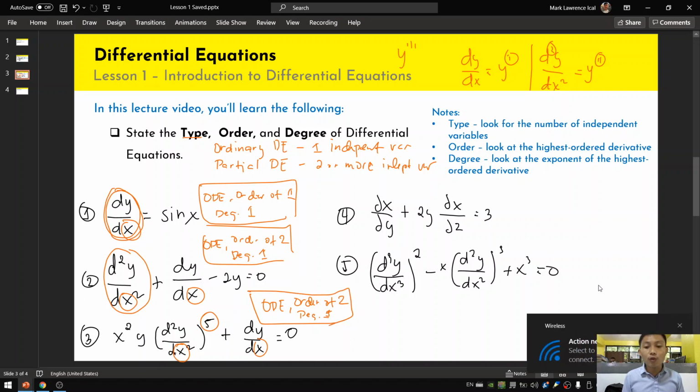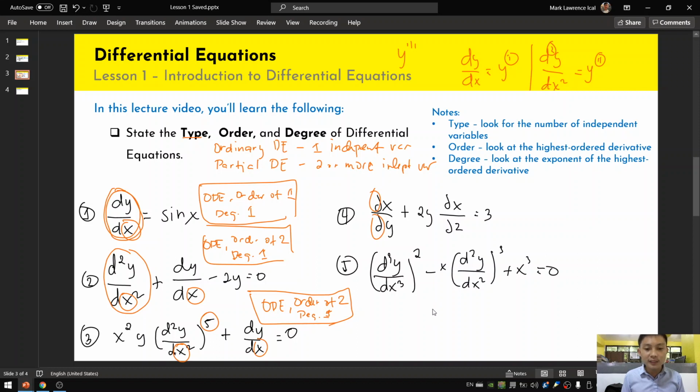Okay, for number 4, this is partial. Automatically speaking, this is partial. Whenever you see this kind of notation, it is different, it's not the regular d. This one and this one are not the same. They're different.